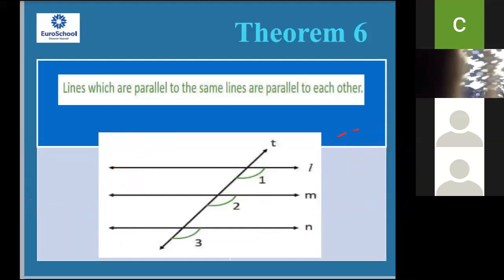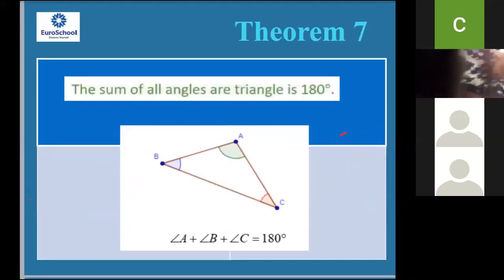Yes, ma'am. Now, the next one, theorem 7, which we started learning from grade 5. If you remember, the sum of interior angles in a triangle is always 180 degrees.